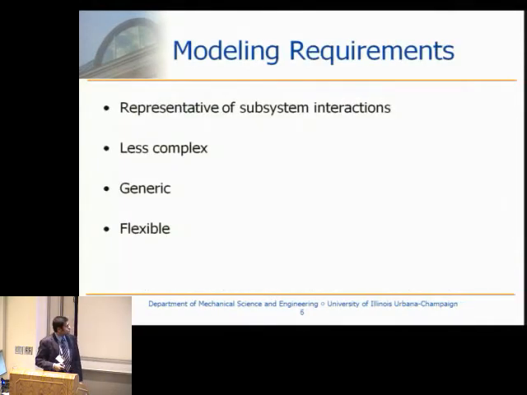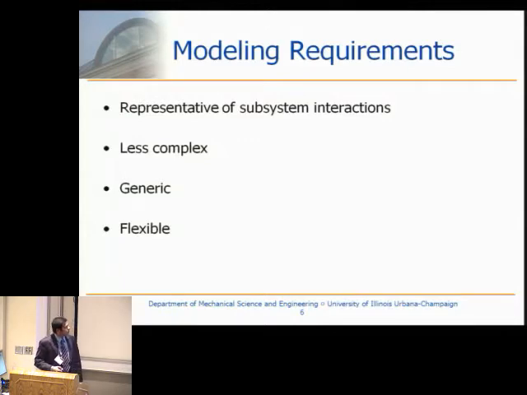So here is a list of the requirements from a modeling point of view. The model that we would like to present should be representative of all the dynamical interactions between the various components. And in the previous slide, I showed how complex these systems can be. So we would like the model to be simple enough so that we can do control design work easily on that.